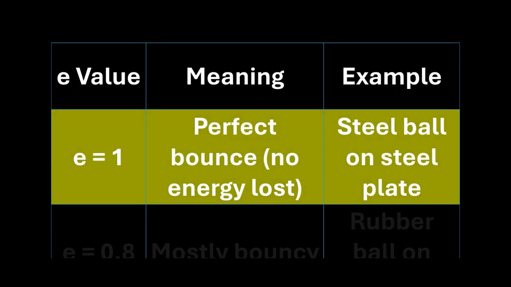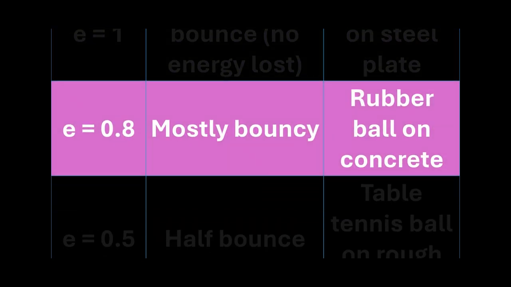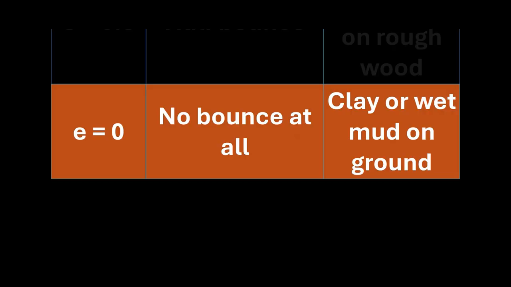If e is equal to 1, it means a perfect bounce, there is no energy lost. If it is equal to 0.8, it is mostly bouncy. If it is 0.5 instead, it is half bouncy. And if e is 0, which is the lowest in the range here, it is not bouncy at all.